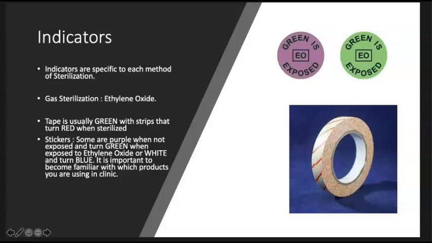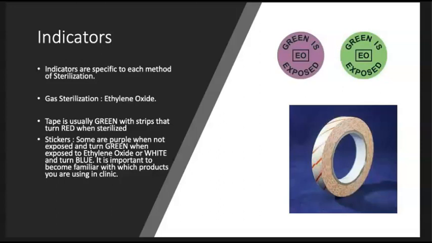Stickers can also be used on some packs or on the inside of some packs to guarantee sterility. These stickers can come in a variety of colors. Some are purple when not exposed to ethylene oxide and then turn green when they are exposed.